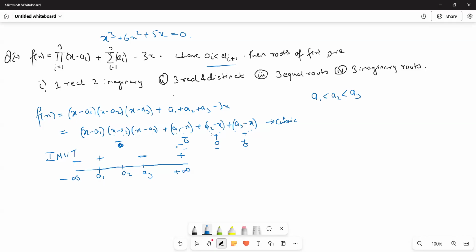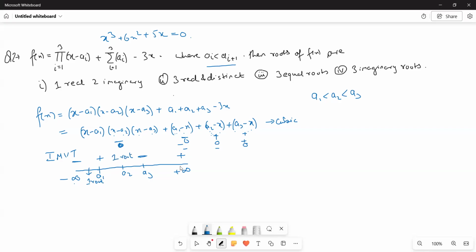If you remember IMVT last class, if a polynomial function changes sign in an interval, it must have at least one root in the interval. So between minus infinity to a1, there must be one root over here. Between a1 and a3, there must be one root over here.